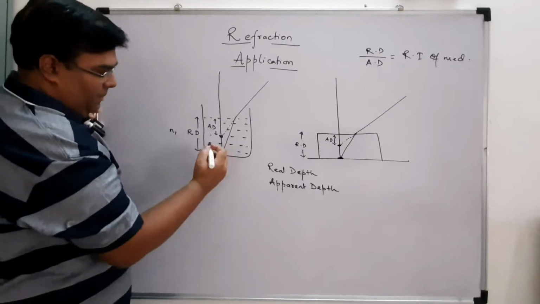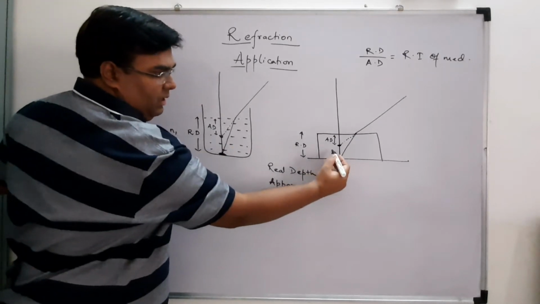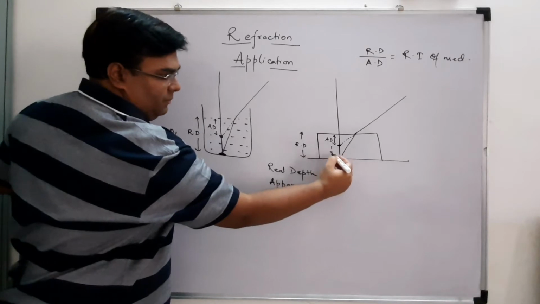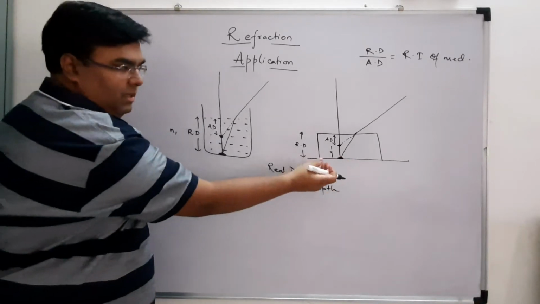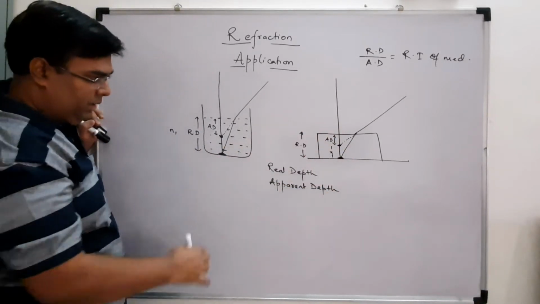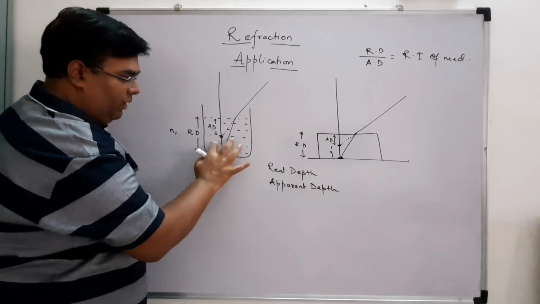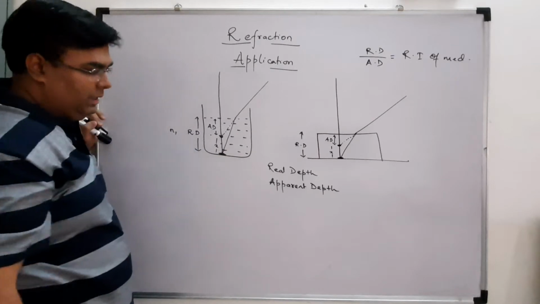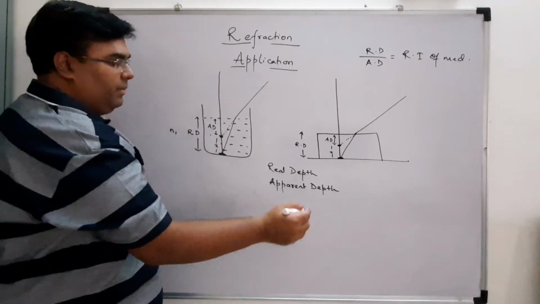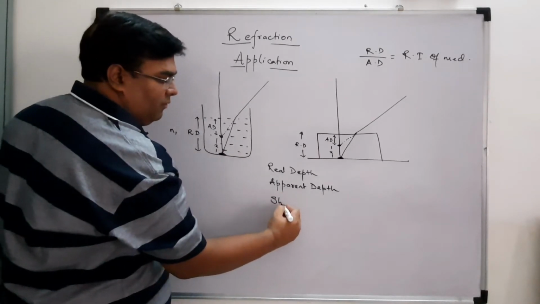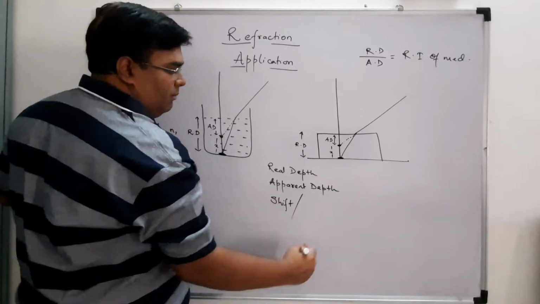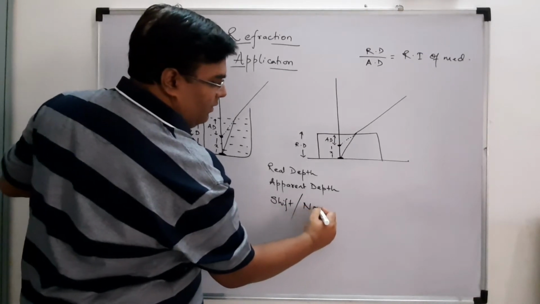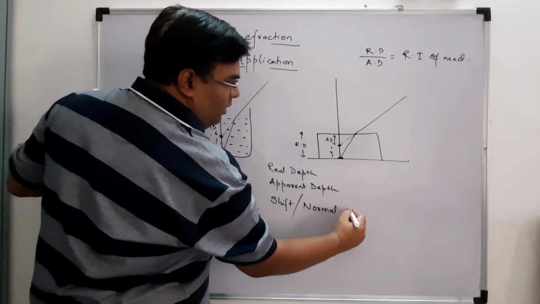Now what is this? The shift. Suppose this is my x. My coin has moved upward, and here also my coin has moved upward. This x is known as my shift, or in some books normal displacement.